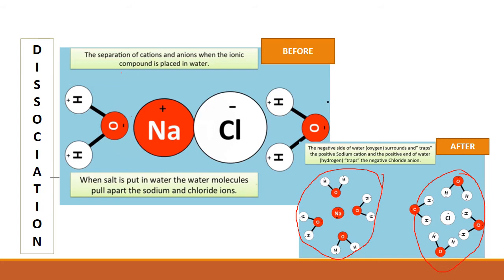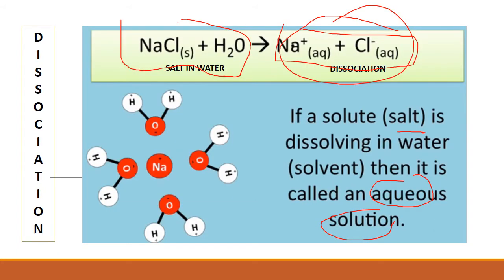Before and after: if this is your equation, this is what happens in the dissociation of sodium chloride upon the addition of water. When a solute, or the salt, is dissolving in a water solvent, we call this an aqueous solution. This side is your reactant and this side is your product, and there will be a dissociation happening.